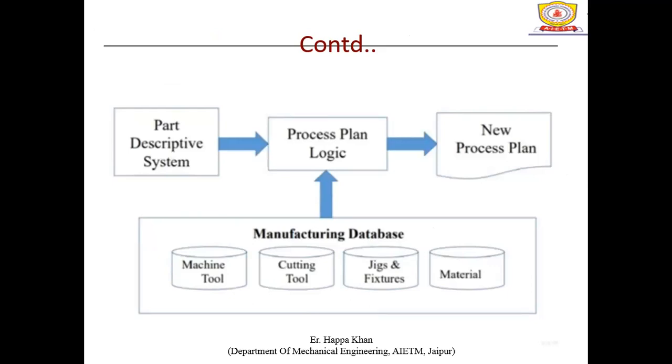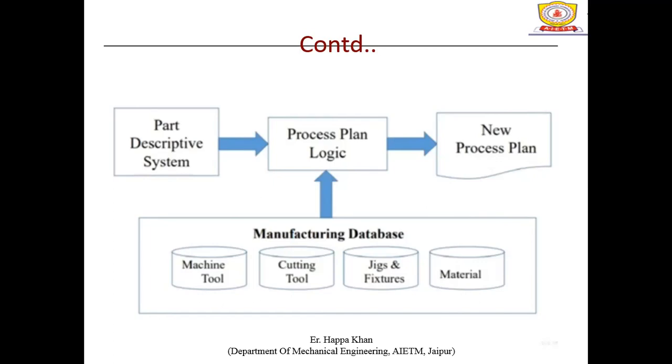This diagram shows the architecture of generative process planning. It consists of a manufacturing database, which will have machining tool, cutting tool, jig and fixtures, and material data. Then the part descriptive data: you have to describe the parts in terms of geometry.